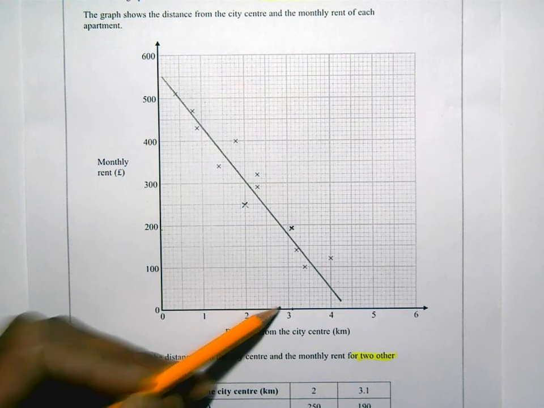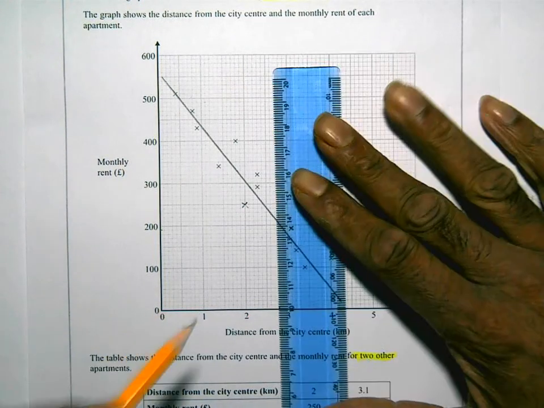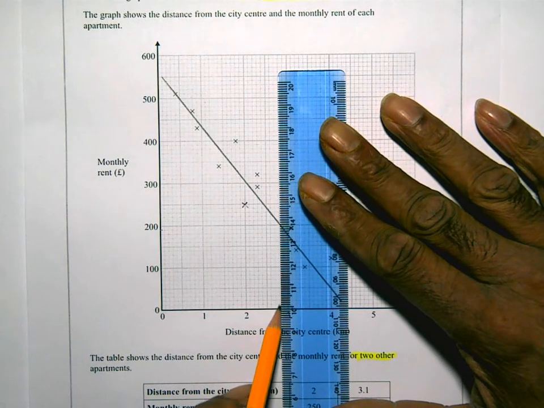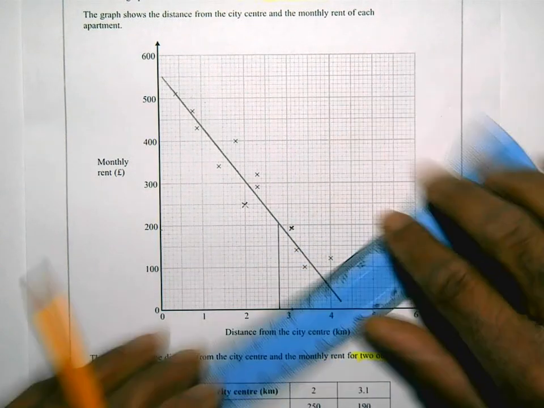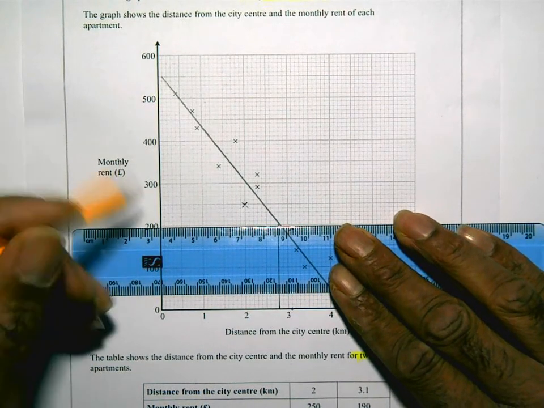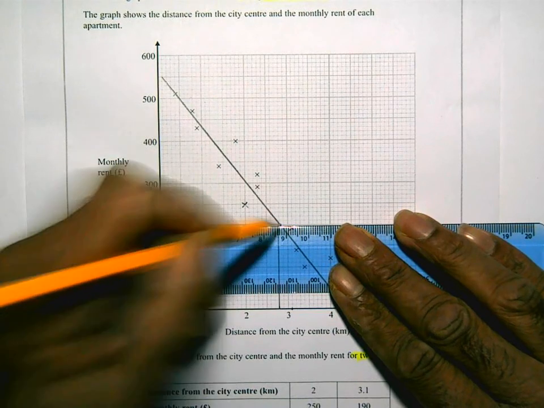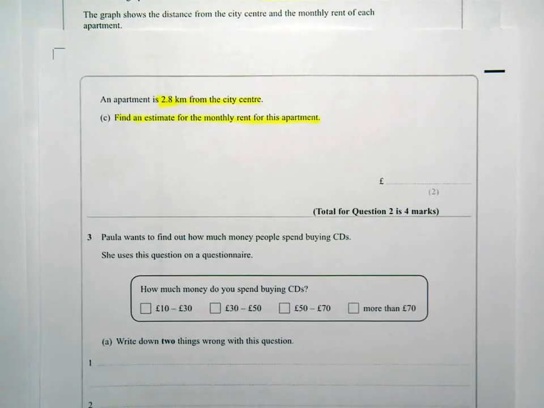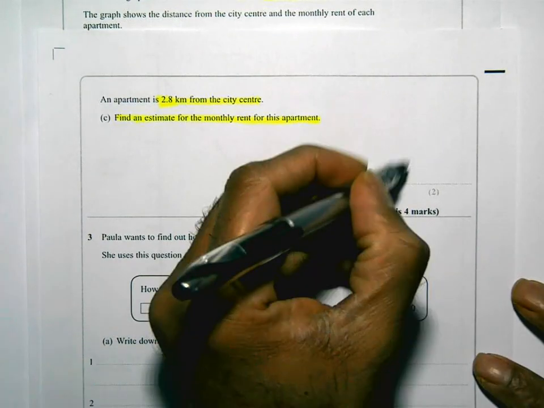So I'm actually going to use the line of best fit, and you need to have a line of best fit in order to get the marks for this, and work across from there. Okay, so there's my line of best fit, and it tells me that the monthly rent for a place that's 2.8 kilometers away from the city center is going to be £200. So back to part C, I'm going to write in £200 just there.